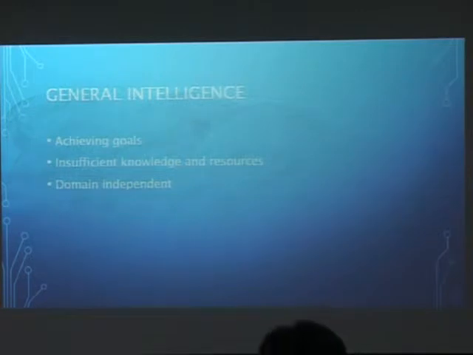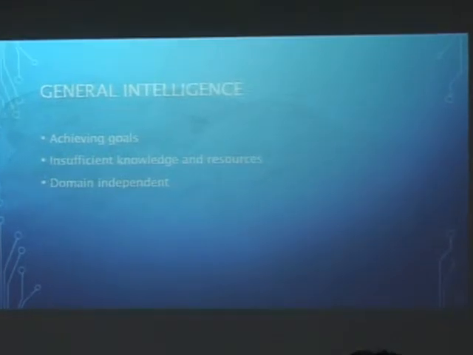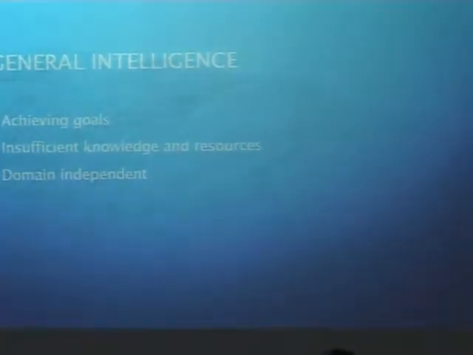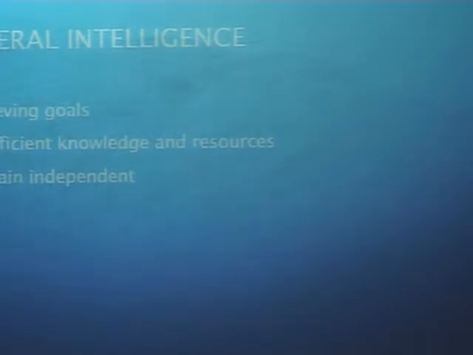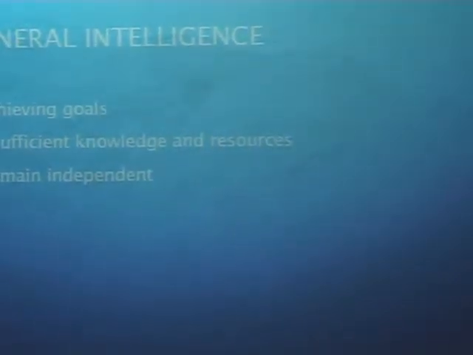So another definition, basically I will be using Dr. Wong's definition of general intelligence, which means that the system must achieve its goals using insufficient knowledge and resources, and it's general, so it does this in a domain-independent way.